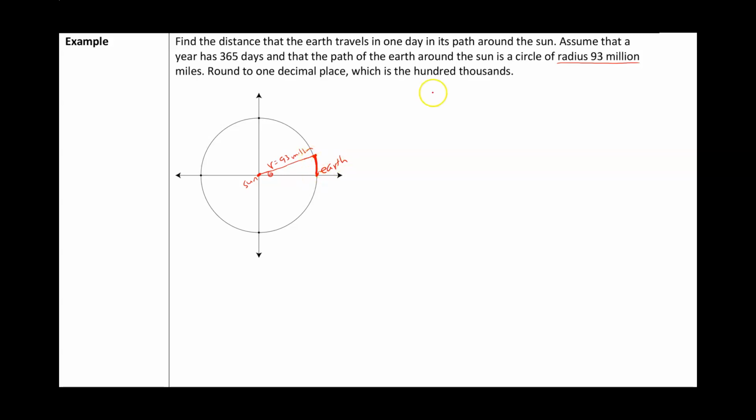Anytime you want arc length, the formula is going to be r times theta, and we know half of this. We know that r is 93 million miles. Million is 6 zeros.